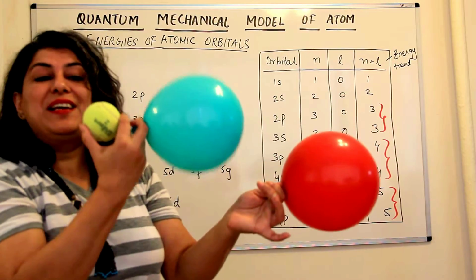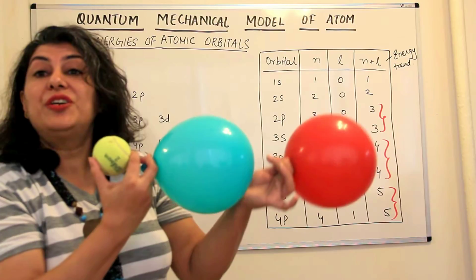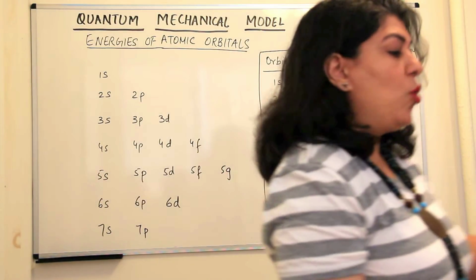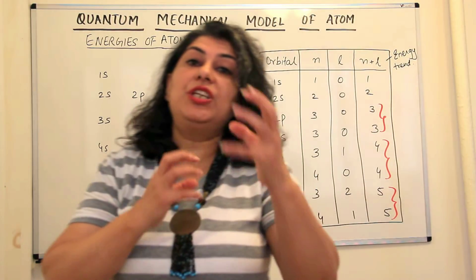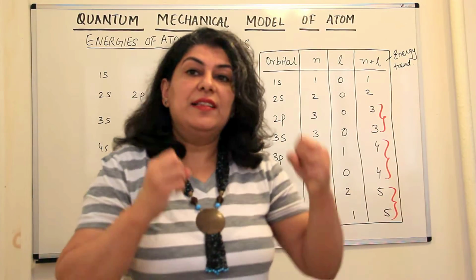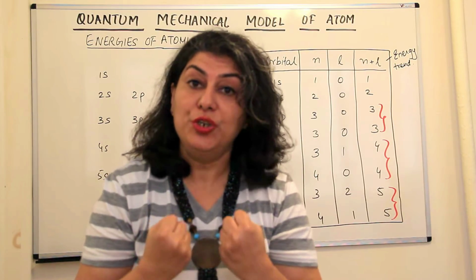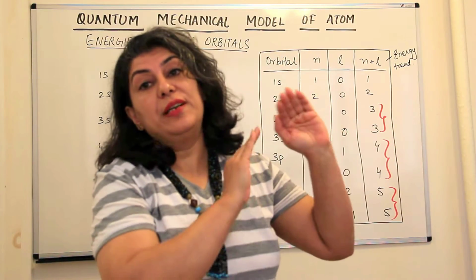It is screening the effect or the attraction of the nucleus for the outer electron. This is known as the shielding effect or the screening effect. And as a result of this shielding or screening effect, the electrons do not experience the actual charge of the nucleus, rather they experience an effective nuclear charge.